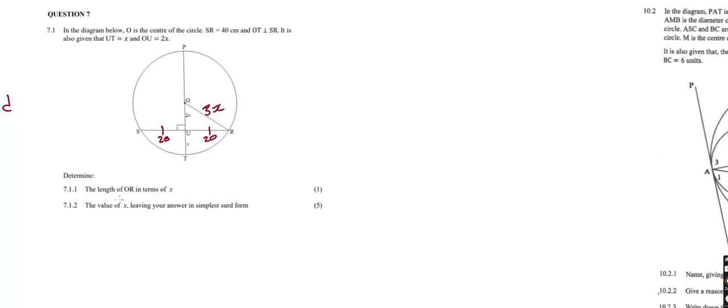OR in terms of X is equal to 3X. Now they are asking for the value of X, leaving your answer in simplest surd form. So let's start by saying UR is equal to SU, which is equal to 40 divided by 2, which is 20. And the reason for this is line from center perpendicular to chord.